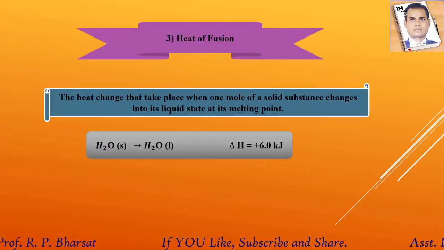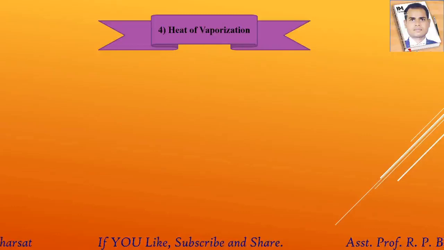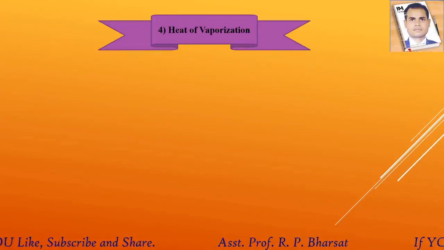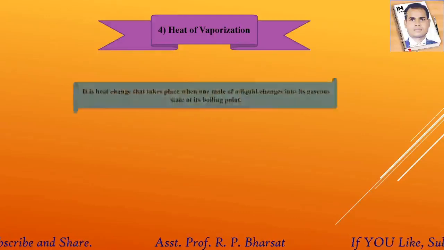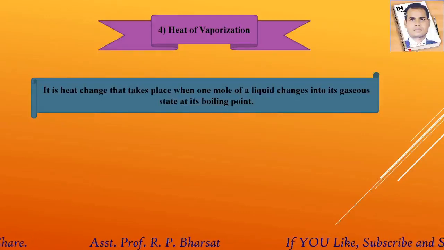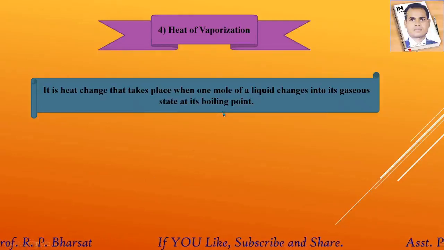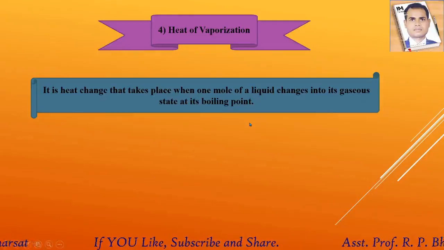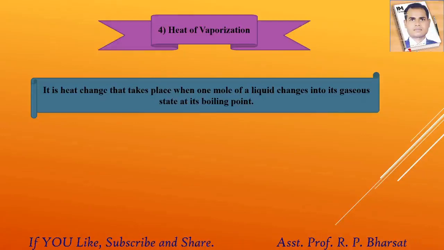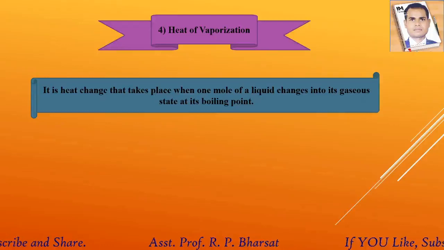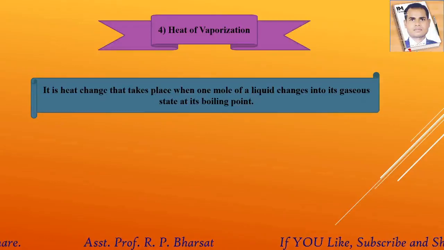Now next topic, that is the heat of vaporization. It is also like the heat of fusion that we have to see now. In this case you can see the heat change that takes place when 1 mole of liquid changes into its gaseous state at its boiling point. We know all about boiling points and melting points.